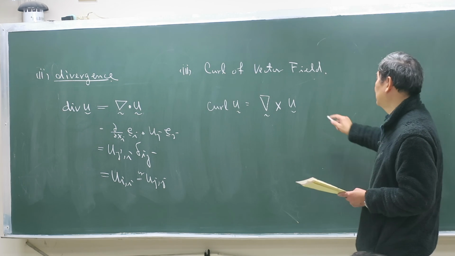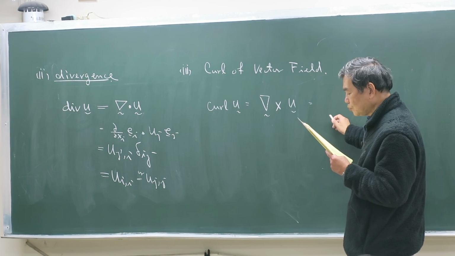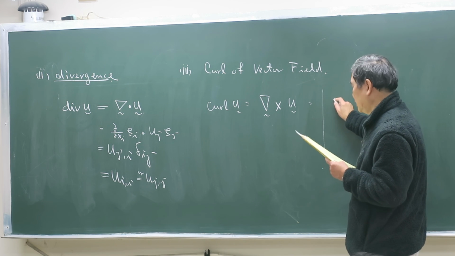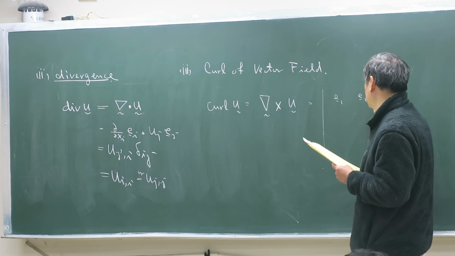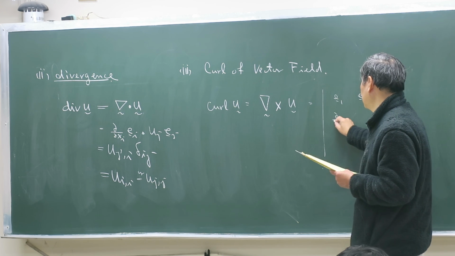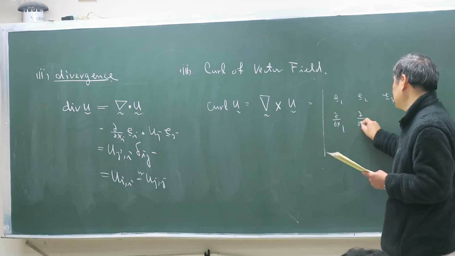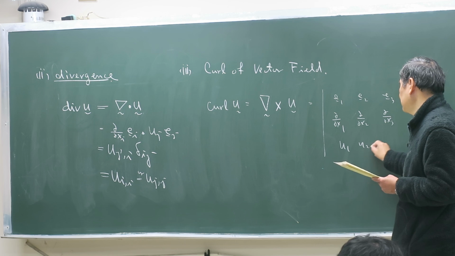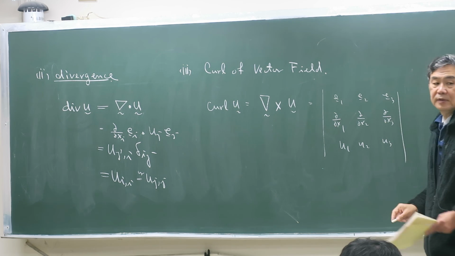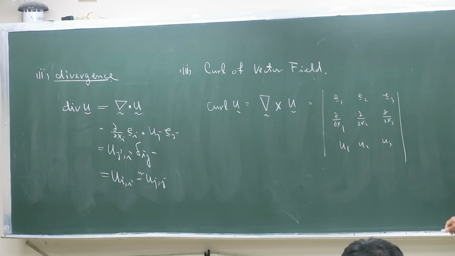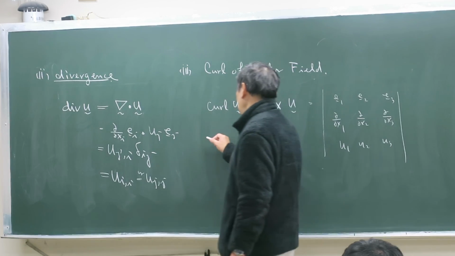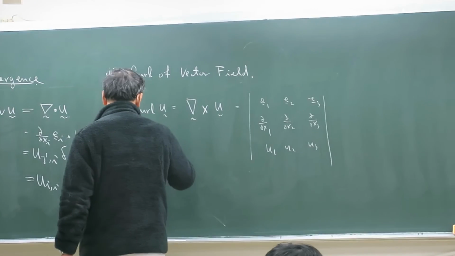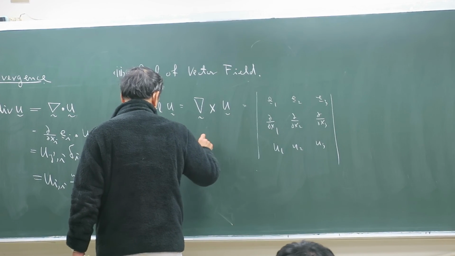So that means we write e1, e2, e3, partial x1, partial x2, partial x3, u1, u2, u3. Remember? Or if you like, we can write partial xi ei cross uj ej.